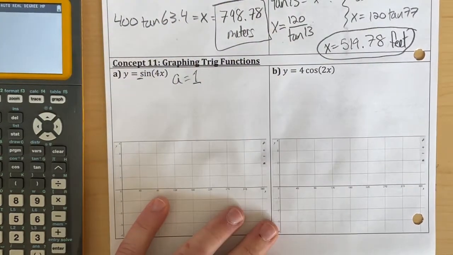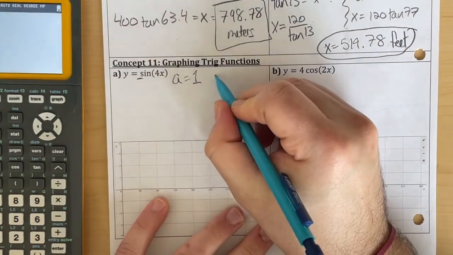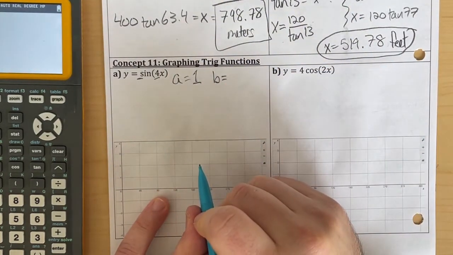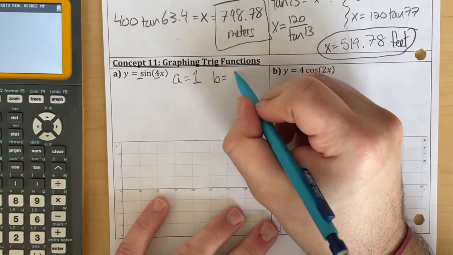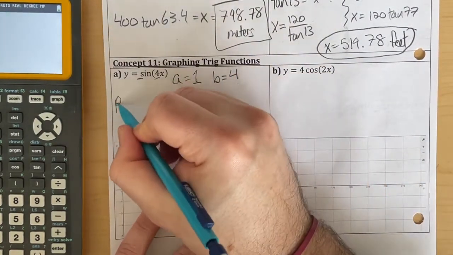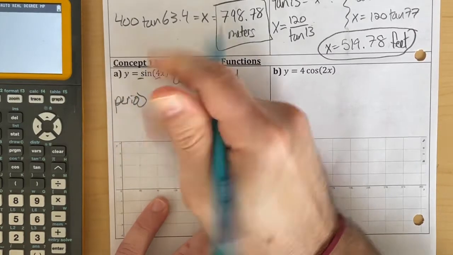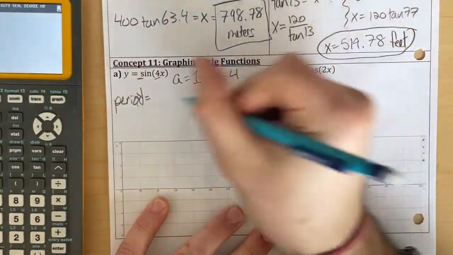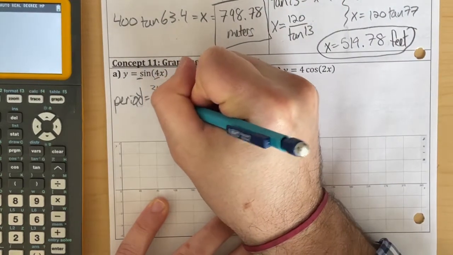1. We're going to say our value of B is attached to our variable theta or x, so we're going to say it's 4. To be able to solve for your period, we say period is equal to 360 divided by b.